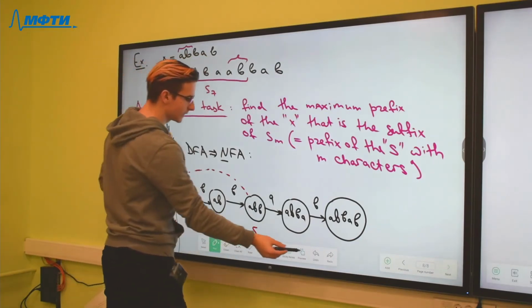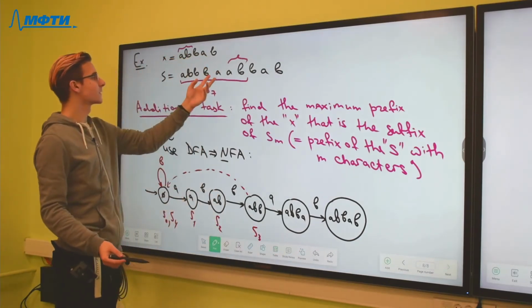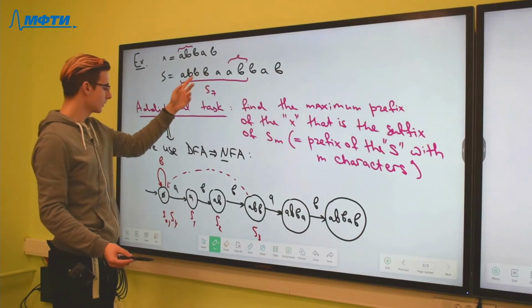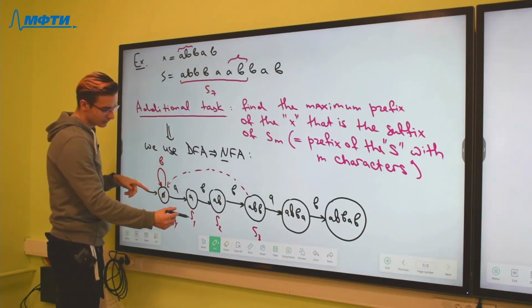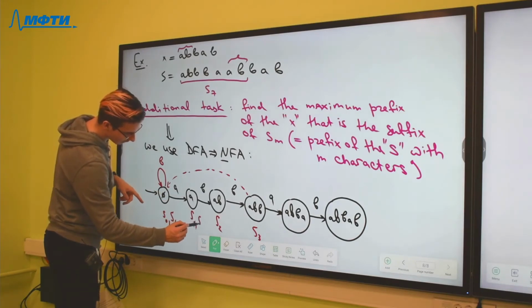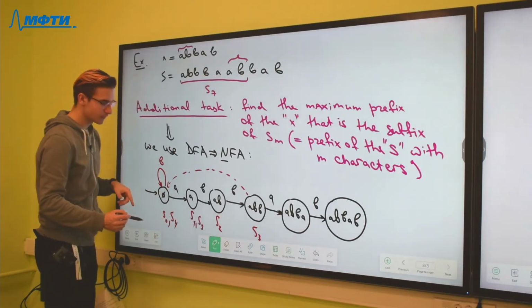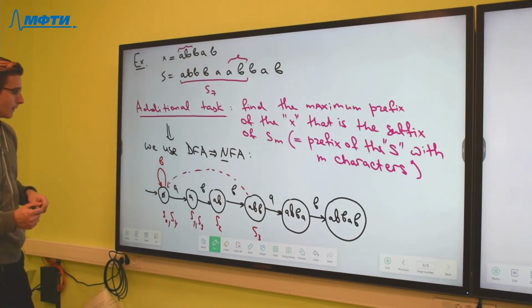But then I see that there is A, and I continue our algorithm and see that it is equal to s with index 5.